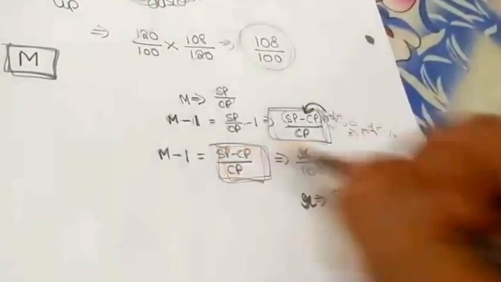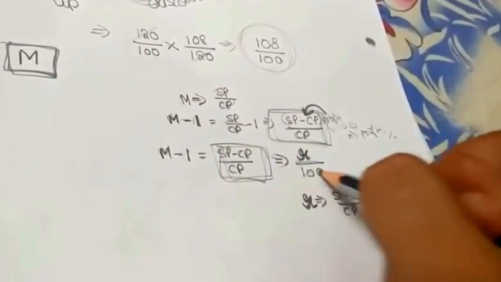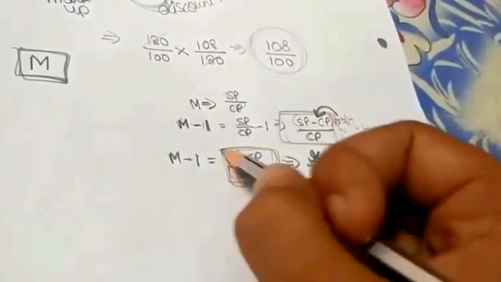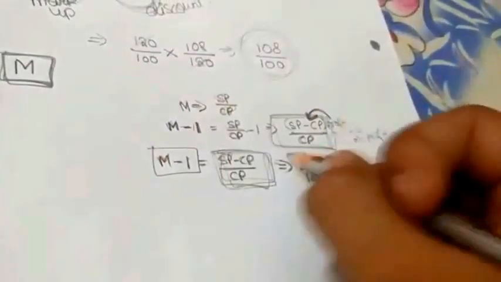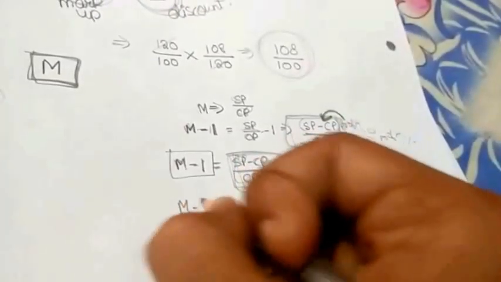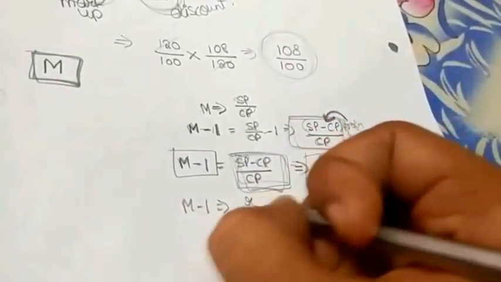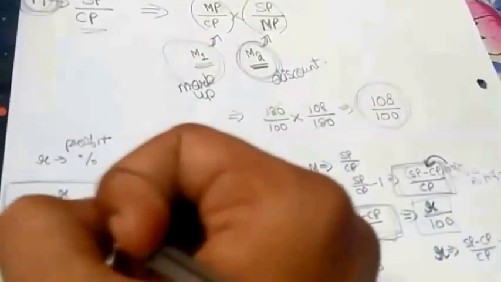So this term is equal to R upon 100. So M minus 1 is equal to R upon 100, or 1 plus R upon 100 is equal to M.